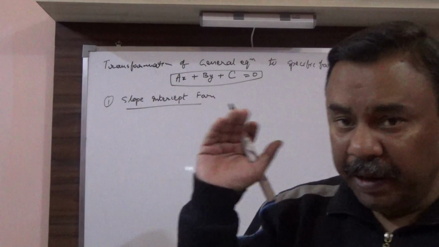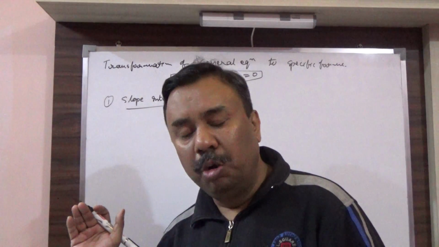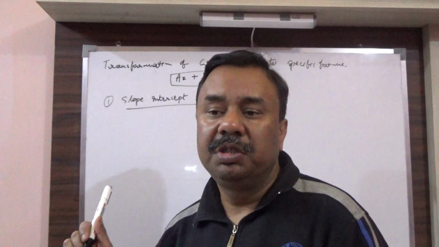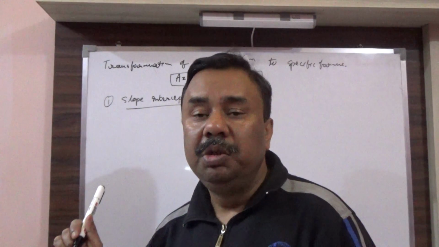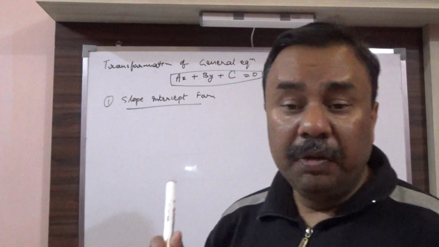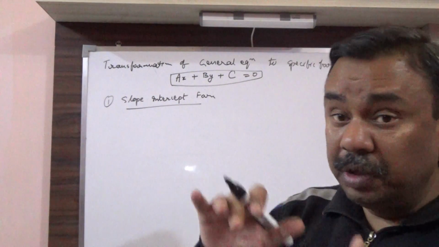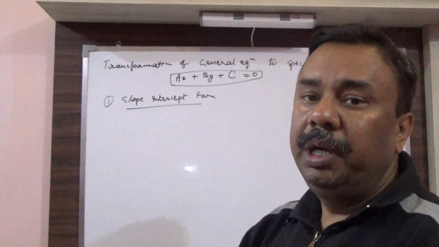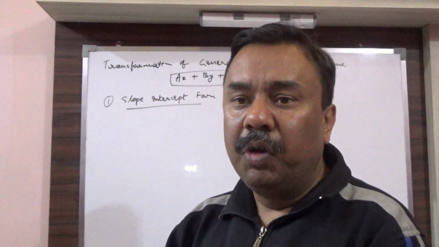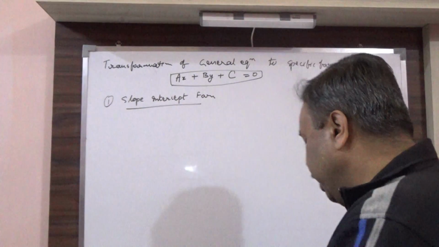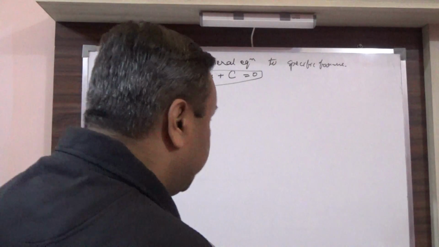That means if two pieces of information, like the slope of the line and the y-intercept, are given to you, then you can find out the equation of the line. Now I am going the reverse way. The equation is given to me and I have to find out the slope and the y-intercept. Okay, so now let's proceed.